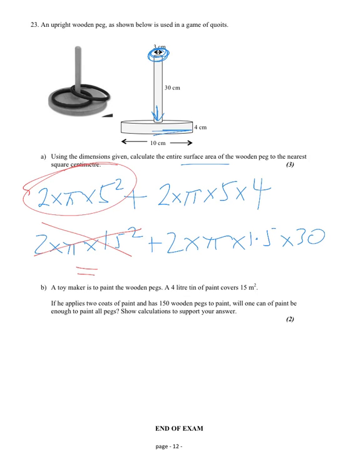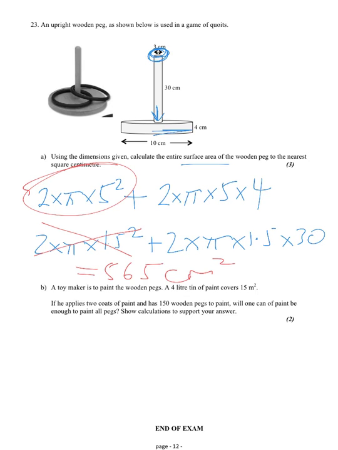So if we put that all in, we get 565 centimetres squared.